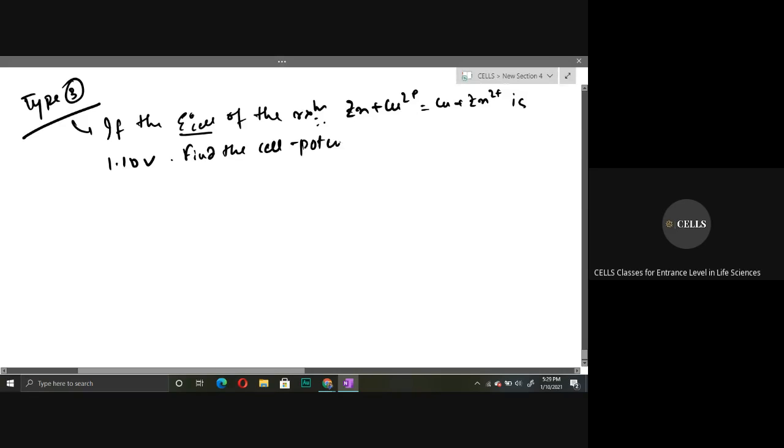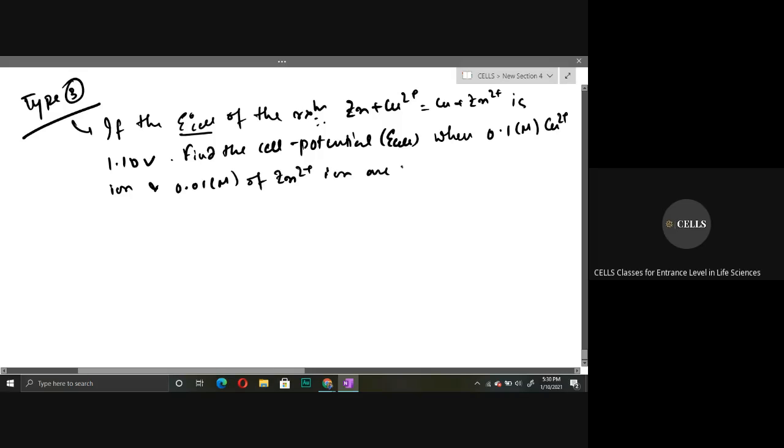Find the cell potential, means the E cell value, when 0.1 molar of Cu2+ ion and 0.01 molar of Zn2+ ion are used in the half cells.